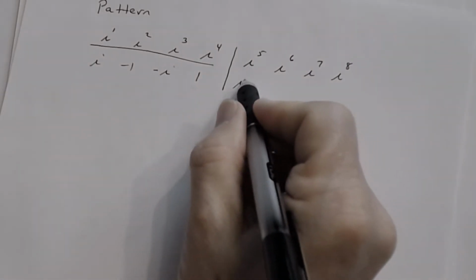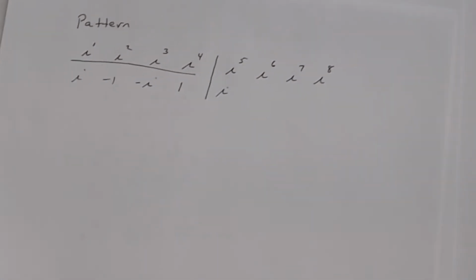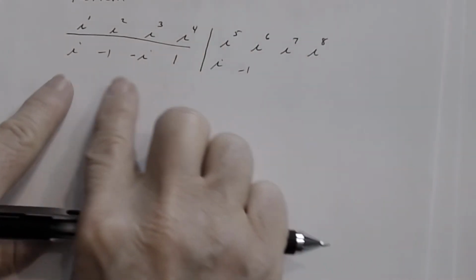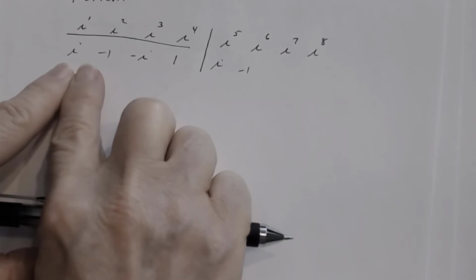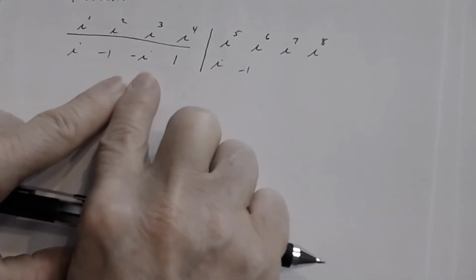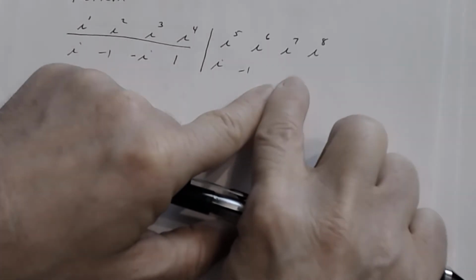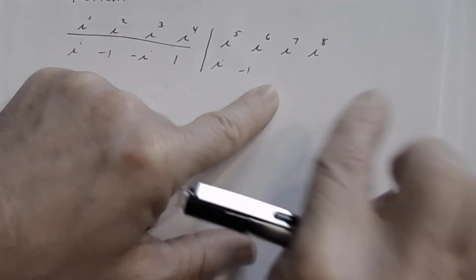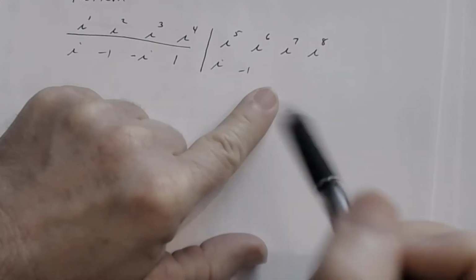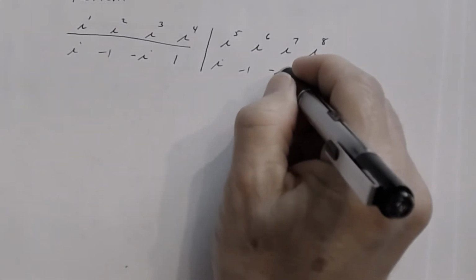And then i to the sixth we saw is negative 1. So I want you to notice what's happening. You see this pattern? So you have i, negative 1, negative i, 1, i, negative 1. Then what do you think i to the 7th will be? Well, i to the 7th will be negative i.